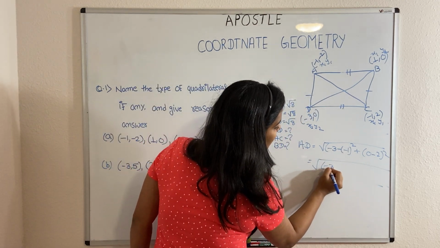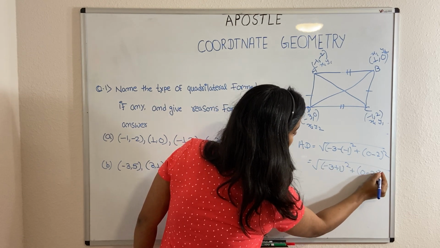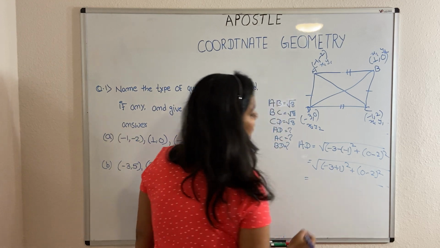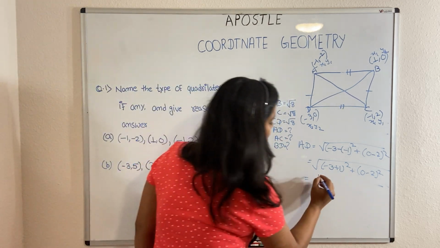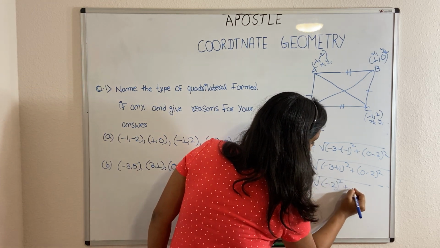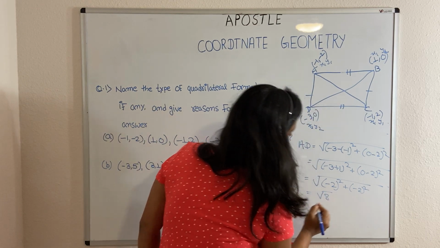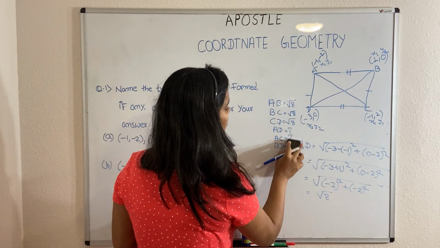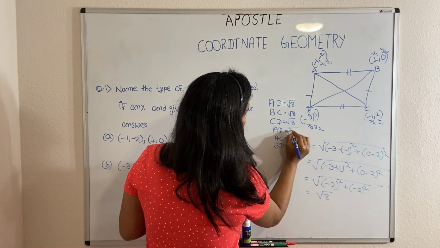So minus 3 plus 1 whole square plus 0 minus 2 whole square. So minus 3 plus 1 is equal to minus 2 whole square, minus 2 whole square plus minus 2 whole square. So our answer comes out to be root 8. So this is also similar, so we can say that this is our parallelogram.